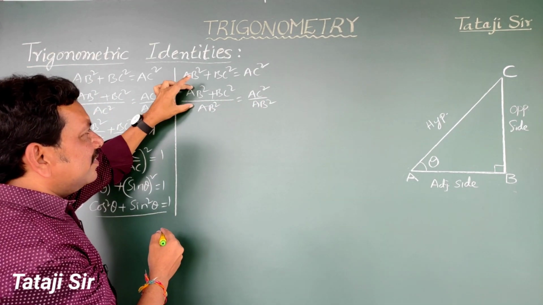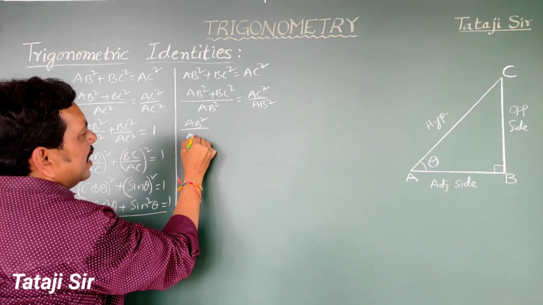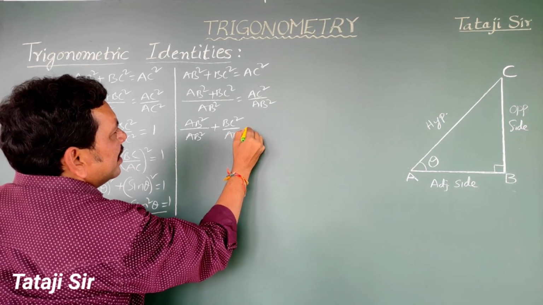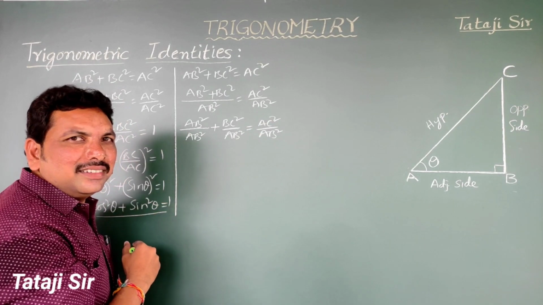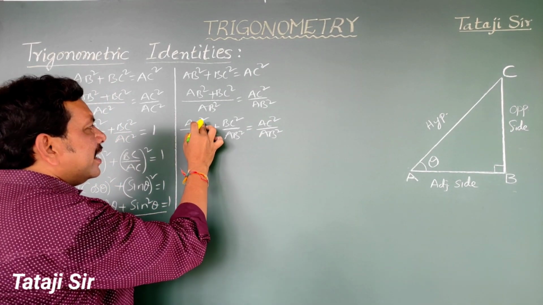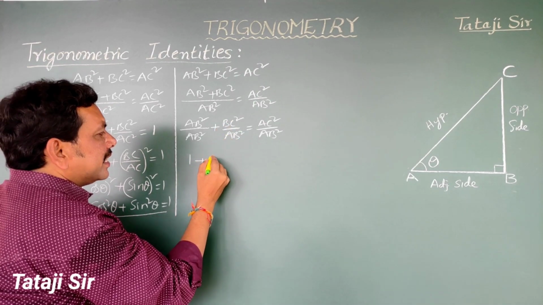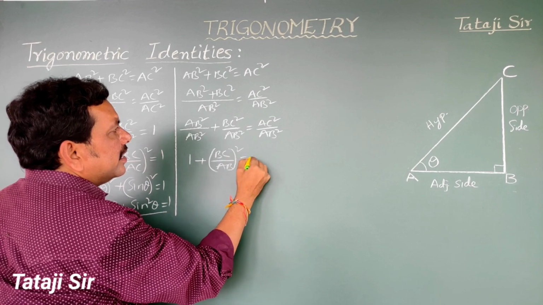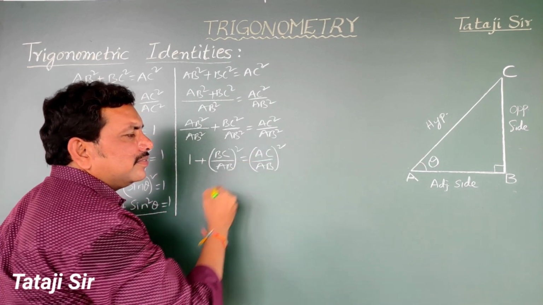Again divide and write AB square by AB square plus BC square by AB square is equal to AC square by AB square. Here AB square by AB square means 1, plus this can be written as (BC by AB) whole square is equal to (AC by AB) whole square.